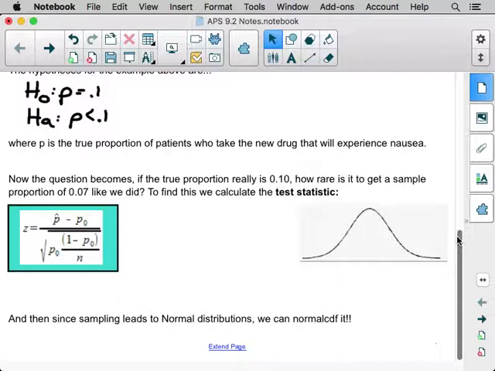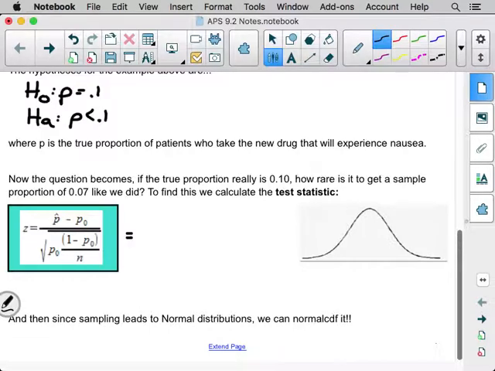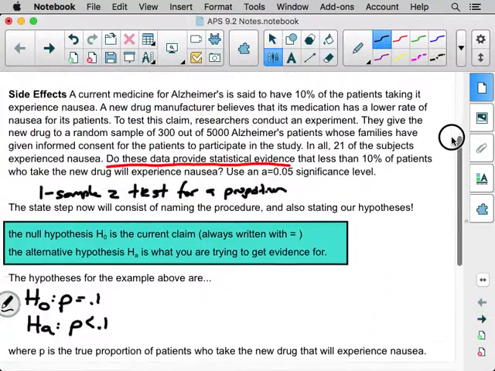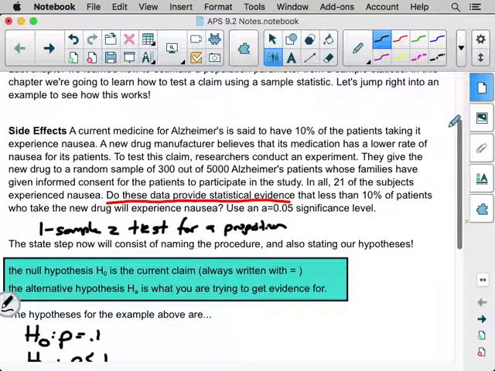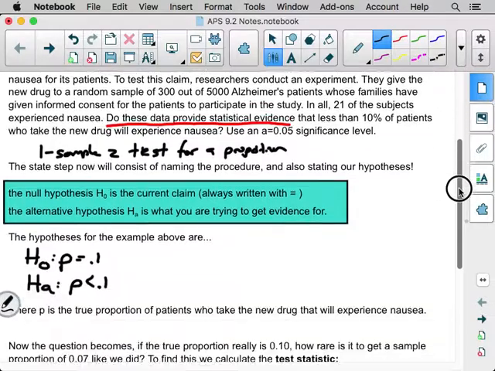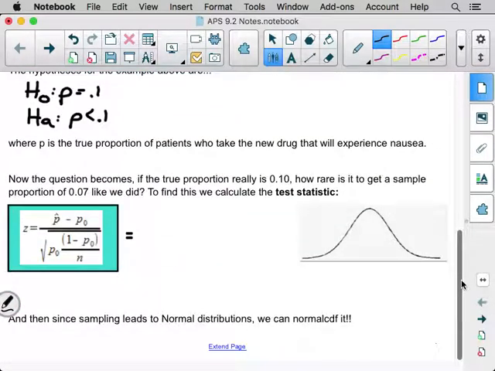Again, we're going to figure out how rare our sample is. Well, our sample statistic was we got 21 out of 300 patients. And I think I already did the math. Is that 7%? If you actually do that math, I think that's where that 0.07 is coming from. 21 divided by 300. That's our sample. Yes?